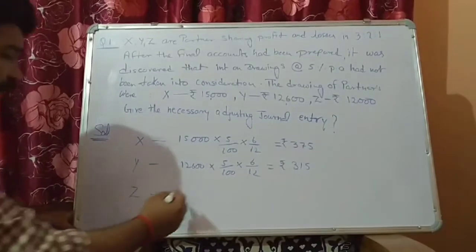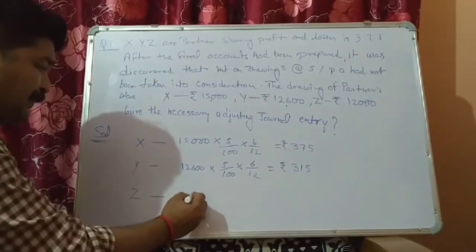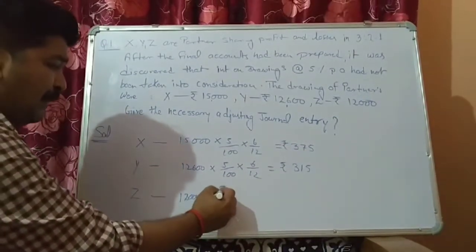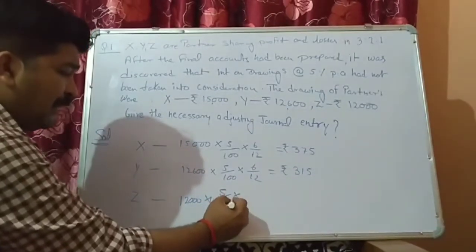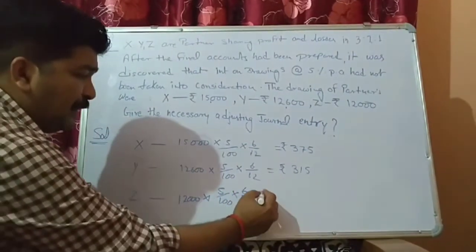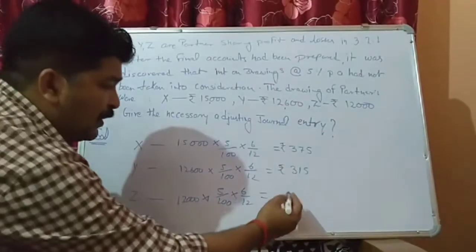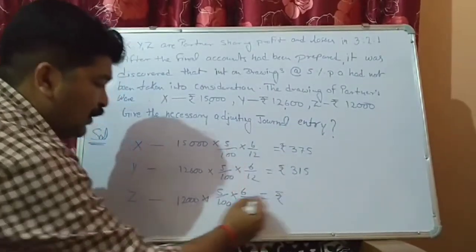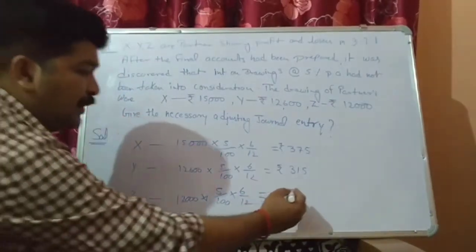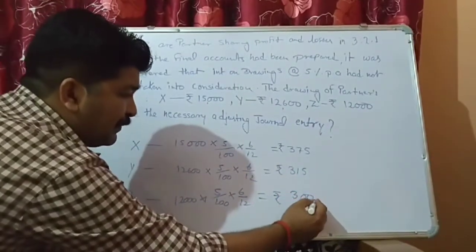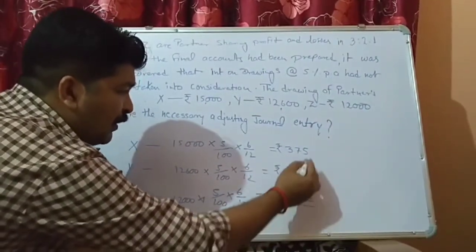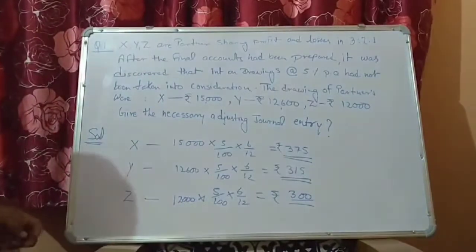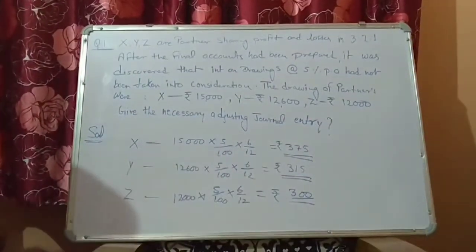Then for Z, 12,000 multiplied by 5 by 100, then multiplied by 6 by 12, making half of it because time is not given, you will get 12 into 6, 60 divided by 2, 300. This is the interest on drawing we have calculated.